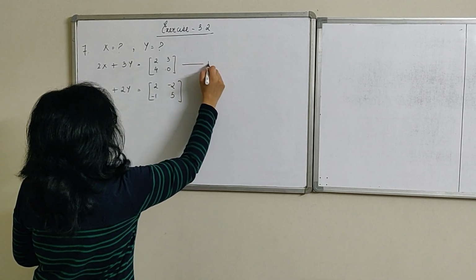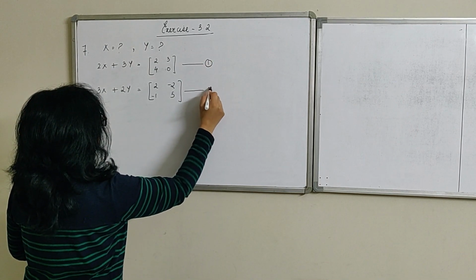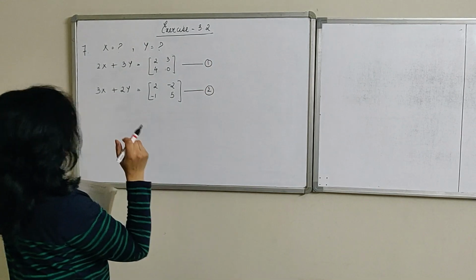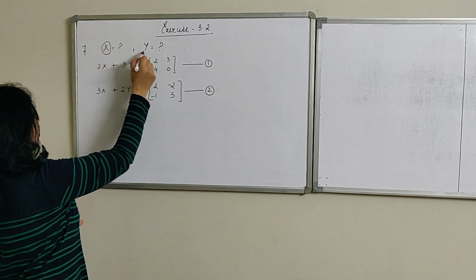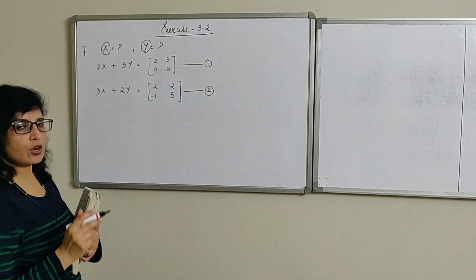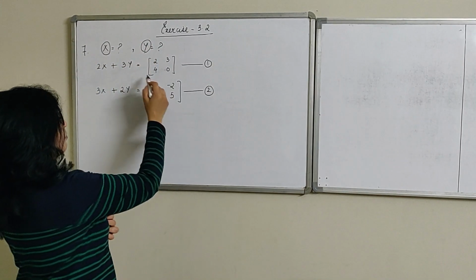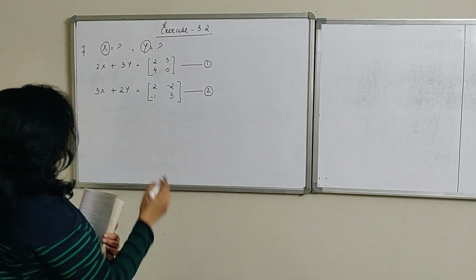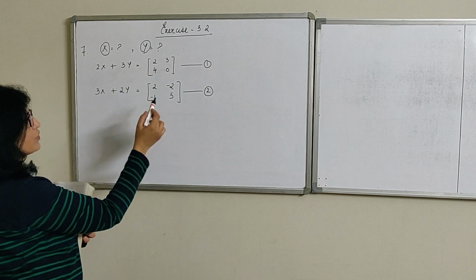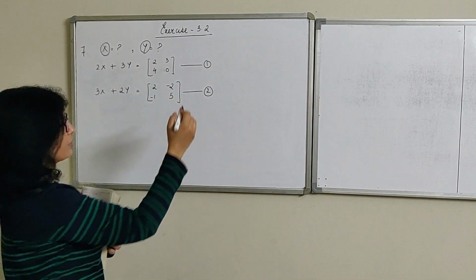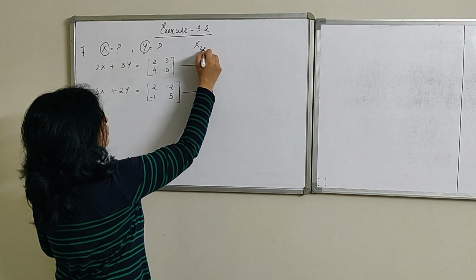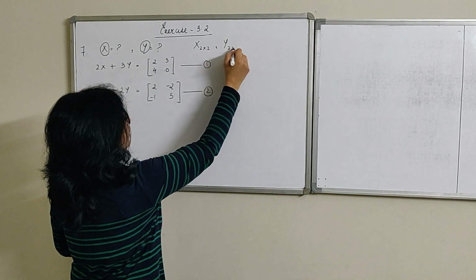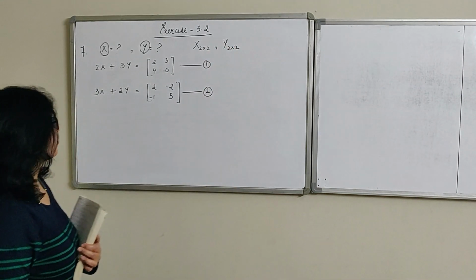Let's call this equation number 1. This is equation number 2. Now here x and y are matrices. These are not variables. There is a matrix on the right side of the equation, so we know it's a matrix equation. So x and y are matrices of the same order. That means the order of matrix x is 2 by 2 and the order of matrix y is also 2 by 2.